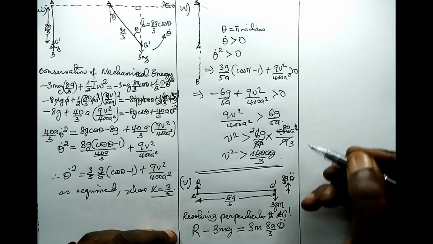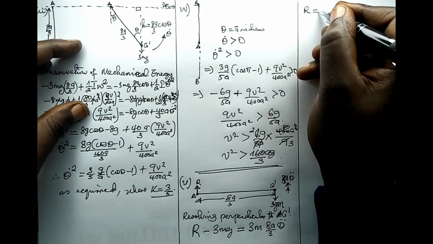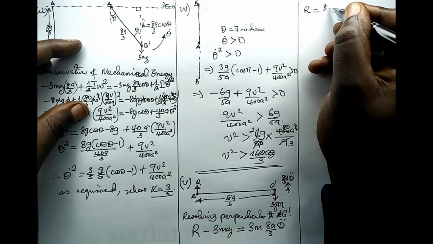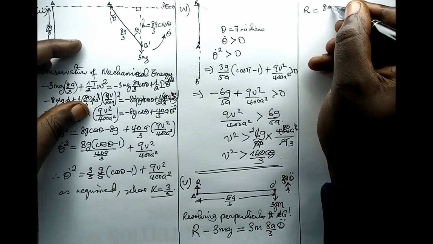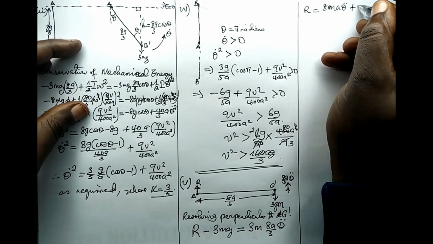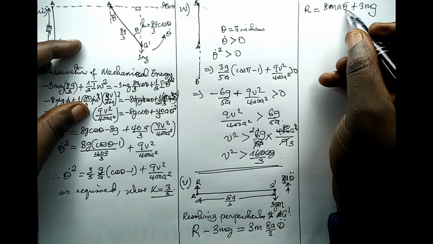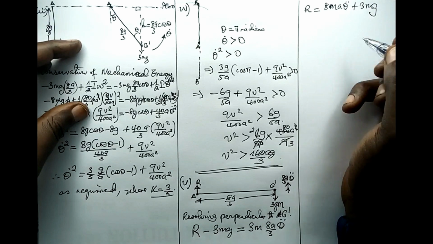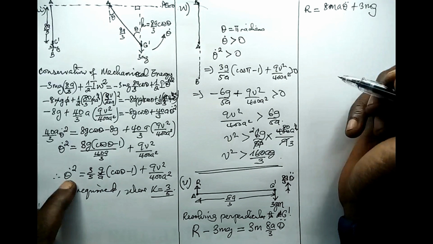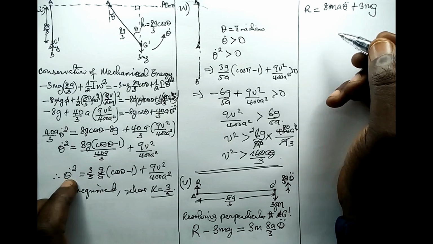And we have that R should be equal to 8 ma theta dot dot plus 3 mg. Now what we need to find is theta dot dot, and to have theta dot dot, I need to make use of this proof here, the expression for theta dot squared.